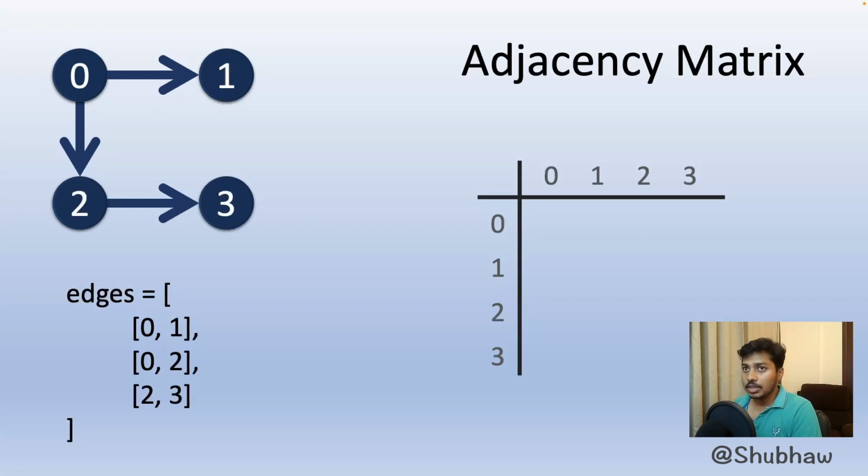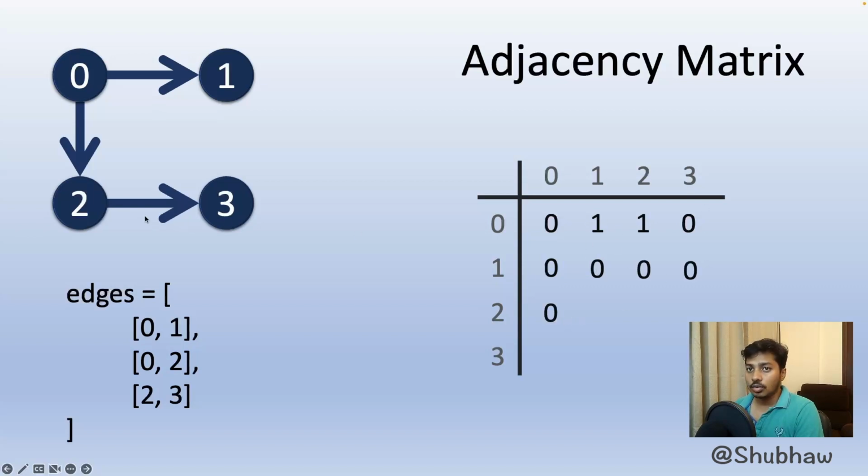The approach will be the same. From 0 to 0 there is no path, from 0 to 1 there is a path, so we'll put 1, from 0 to 2 there is a path, so we'll put 1, from 0 to 3 there is no path, we'll put 0. In an undirected graph we consider 1 to 0 as a path as well, but here there is no path, so we will put 0. From 1 to 1, 1 to 2, and 1 to 3 there is no path.